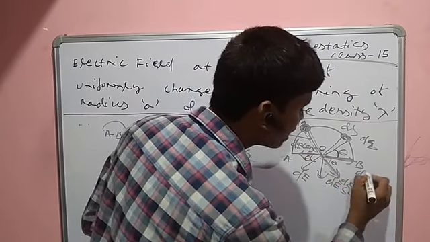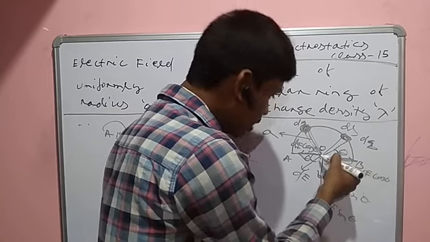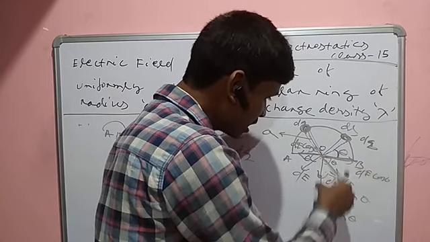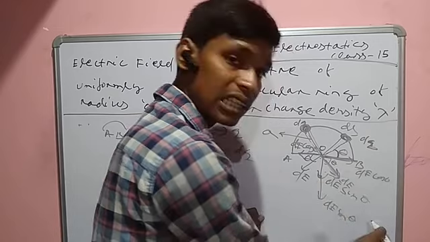But in a semicircle, we choose only two points. Due to these two points, dE cos theta is available, but in this case dE sin theta.